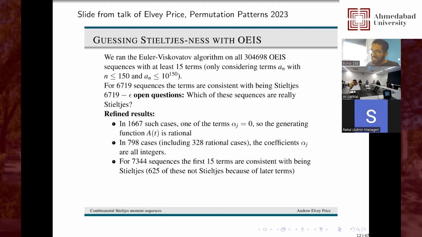So if you want to spend maybe a minute reading this slide, you can. This is a slide which I've copied from Andrew's talk, which he gave at the Permutation Patterns Conference. I can't see what's written on top. 2023, so that's last year. Okay, so any questions?